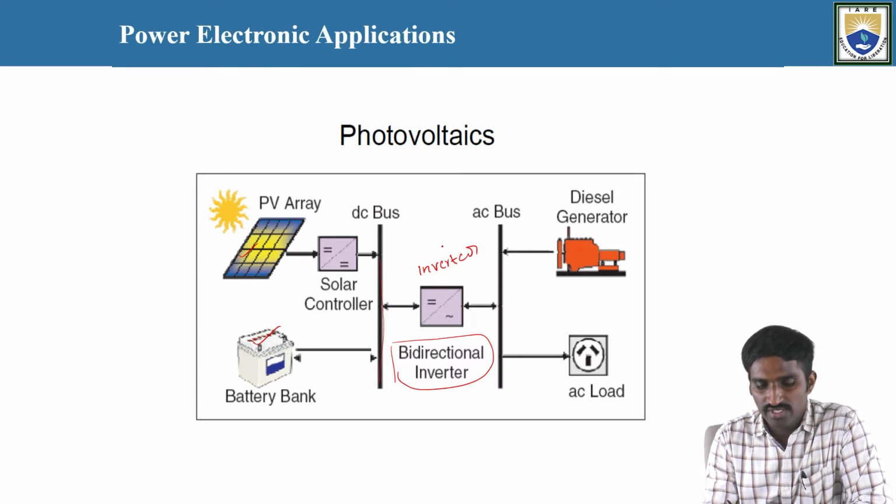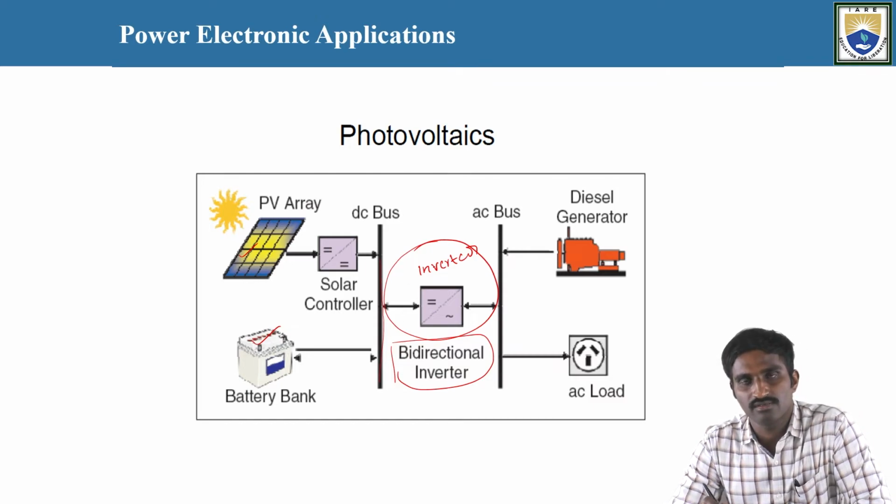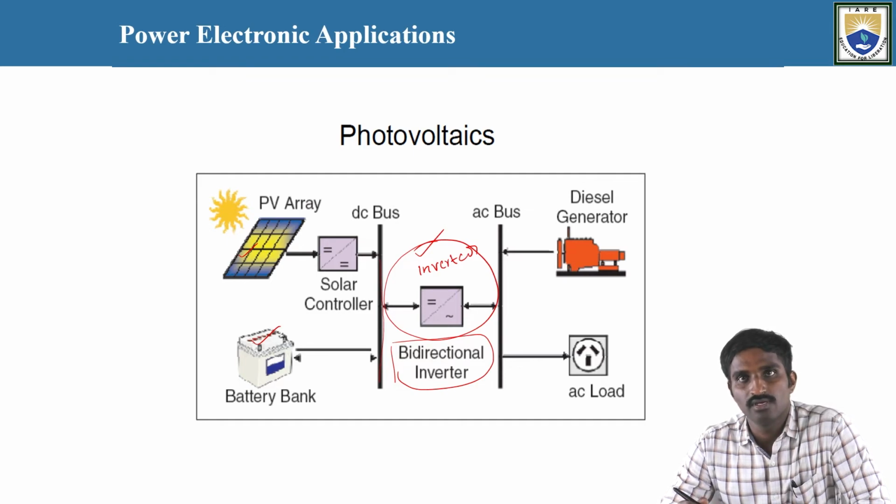In this way, we are interfacing the AC and DC by using this bidirectional inverter, which is a power electronic converter. This is one of the best examples of how important power electronic converters are in photovoltaic energy conversion.